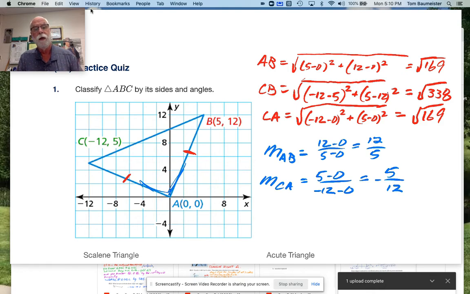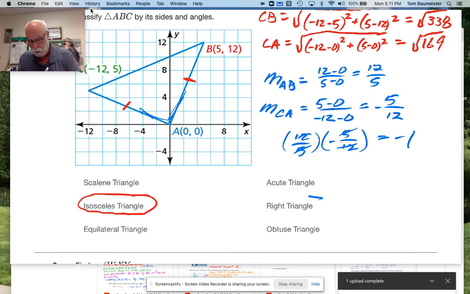So remember, if they are negative reciprocals, or opposite reciprocals, which is what your book likes to call them, then we know that we have a right angle. So we have 12/5 and 5/12. And remember, when I multiply them, they should equal -1, which is what they do. So it is going to be a right triangle.